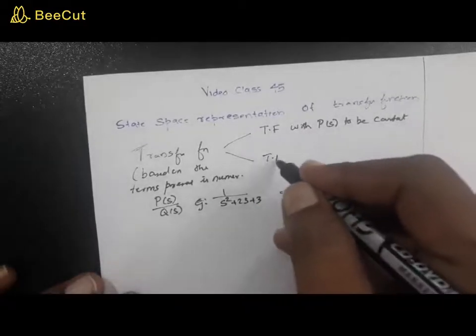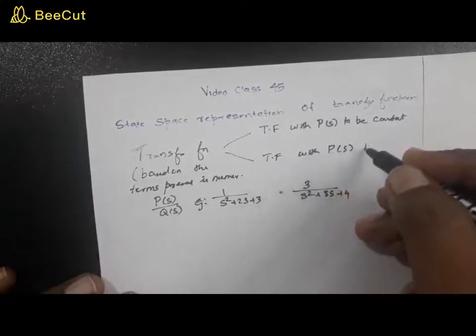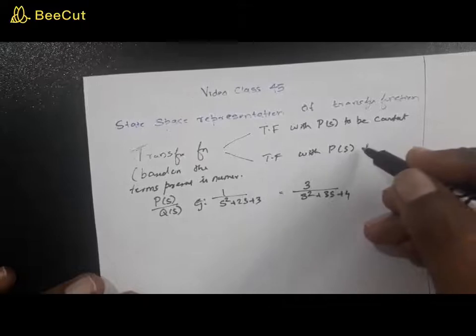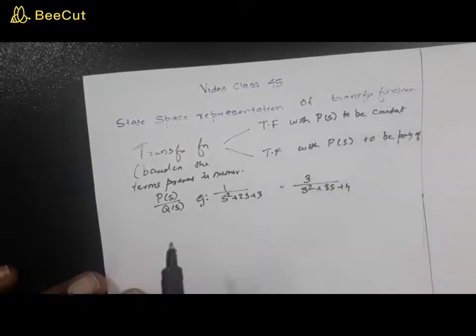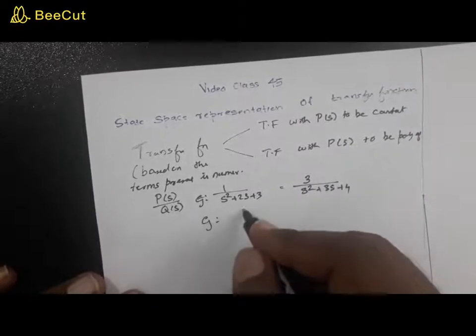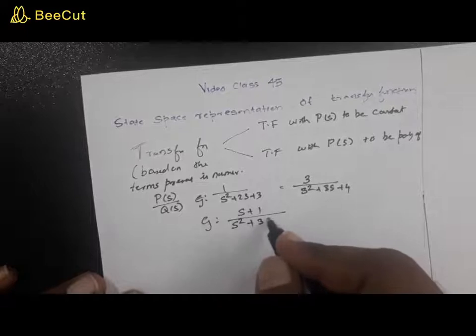Similarly, you can have a transfer function with p of s to be a polynomial of s. For example, s plus 1 by s square plus 3s plus 4.